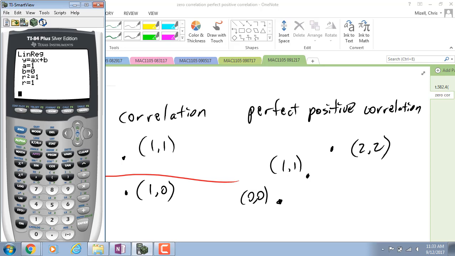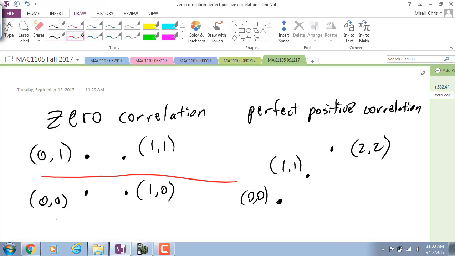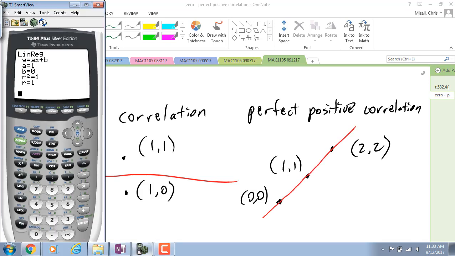This is y equals 1x plus 0. So y equals x is the equation of the straight line that goes through those 3 points, and the correlation coefficient is 1. If you want a straight line, but with a correlation coefficient of -1 on the other extreme, just make sure it's a line that has negative slope.